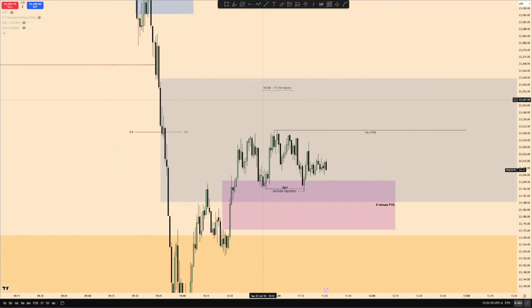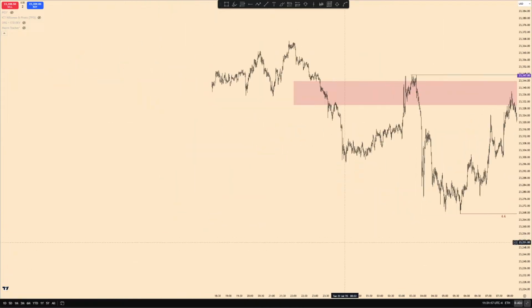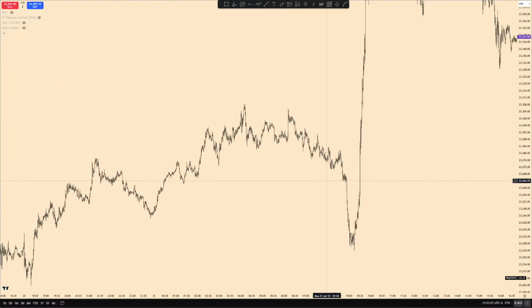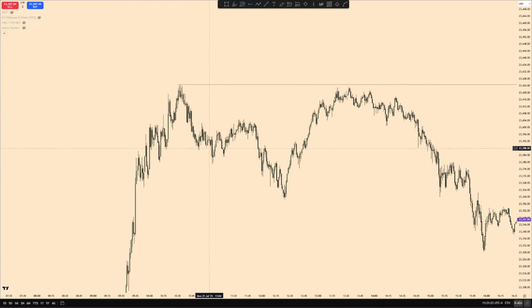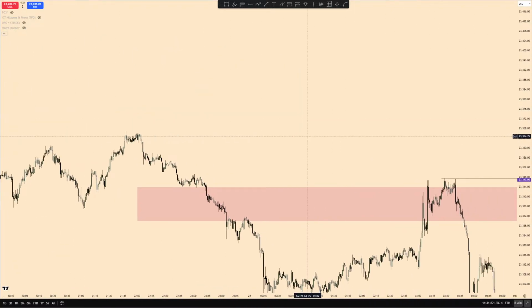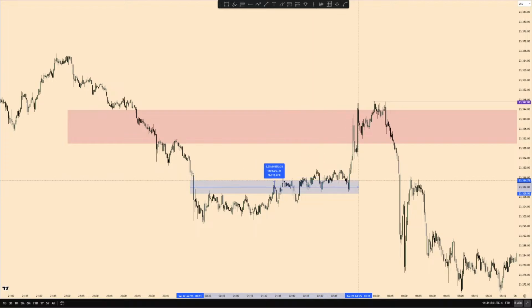This reminds me of yesterday. Sitting and waiting. Nothing happening. Yesterday was a little bit better because you actually had some movement, but for that hour-long period of not moving, that's an Asia session.